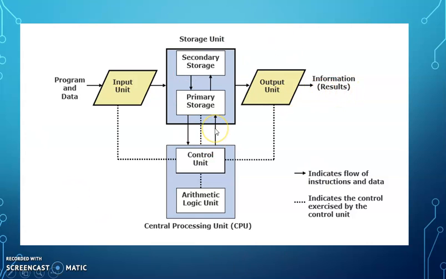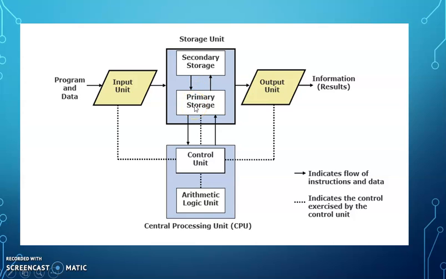In this block diagram of computer, we can see input unit and output unit, and here you can see storage unit is again divided into two more parts, primary storage and secondary storage. And then CPU is also divided into control unit and arithmetic logic unit. There is a lot of difference between secondary storage and primary storage.